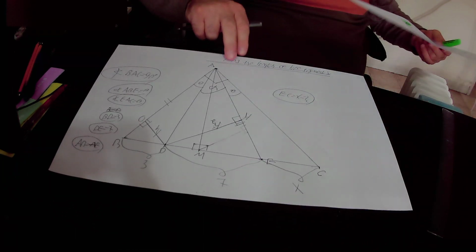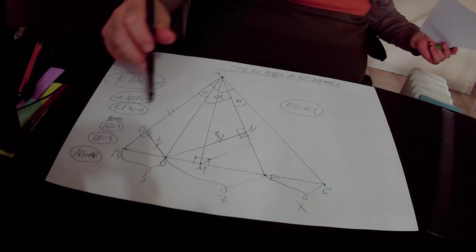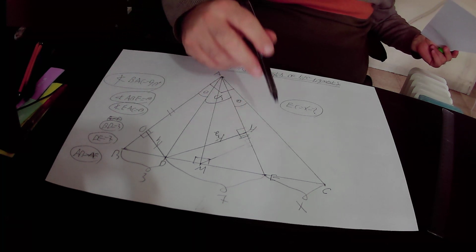You can see in the drawing, we know that AB equals AE.